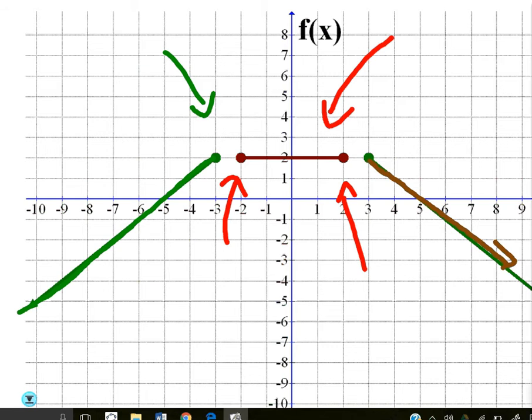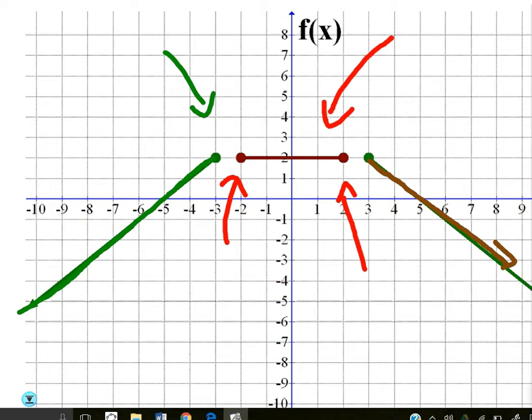Okay, so here's the mistake I've seen. Somebody will answer this question and put 2, negative infinity. That's what's happening to the y values, right? Your answer should be in terms of x, not in terms of y.